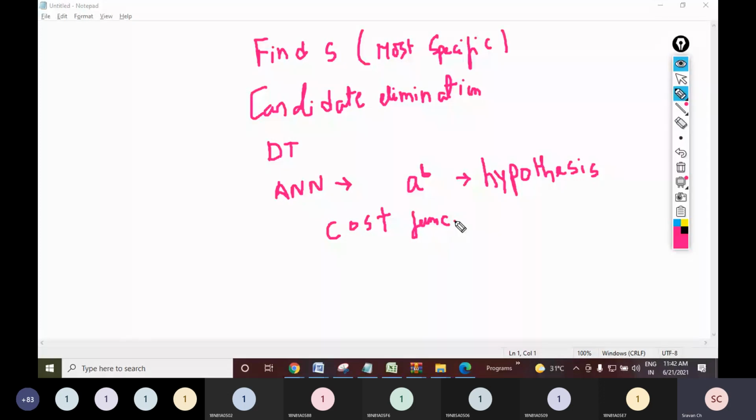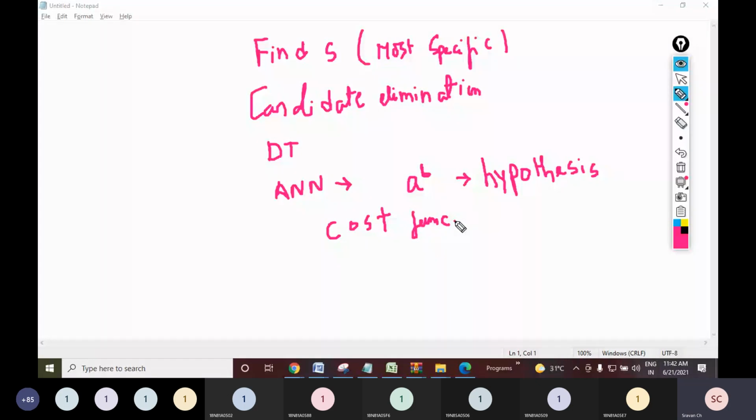Since the topic is evaluating a hypothesis, I just wanted to recollect what exactly a hypothesis is. A hypothesis is nothing but the target function, a mathematical function which represents our particular machine learning problem, whether it is a classification problem or a regression problem.